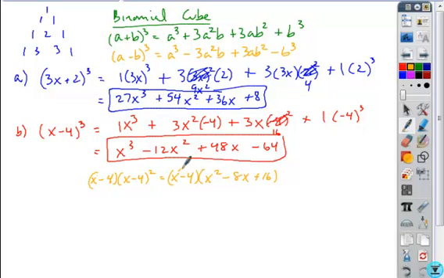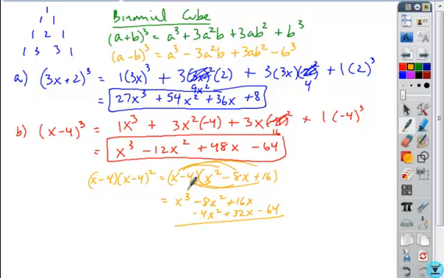Okay, and then the final steps would be to distribute. So if we distributed the x here, we get an x cubed minus 8x squared plus 16x. Then distribute the negative 4: minus 4x squared plus 32x. And then negative 4 times 16 is negative 64.